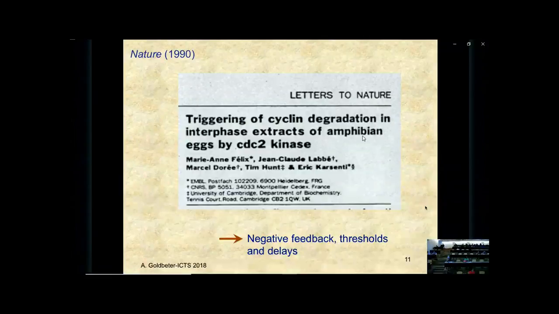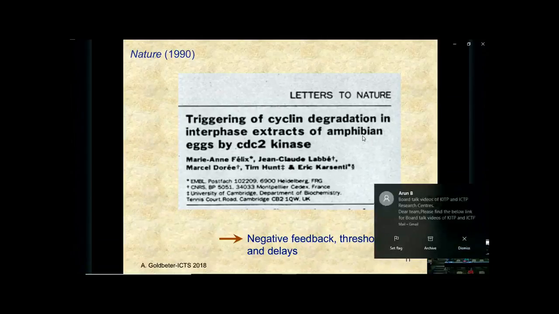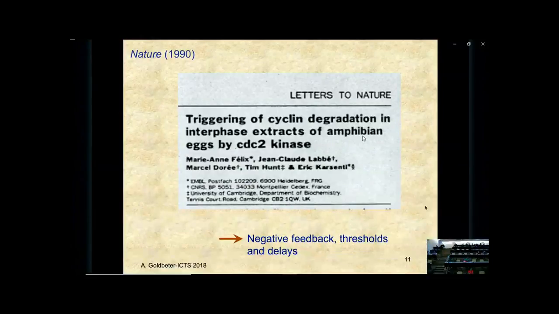And what they suggested in this letter to Nature is that this negative feedback could be responsible for oscillations in CDC2 activity, provided there are some thresholds and some time delays. So the question is, once you consider such negative feedback, what is the source of thresholds and of time delays?